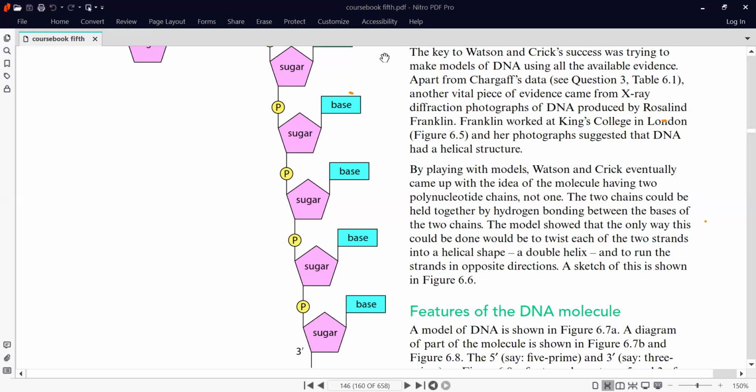RNA is a single strand. DNA is a double helix. It is also known as a duplex. And it is a right-handed duplex. Both strands turn towards the right side.